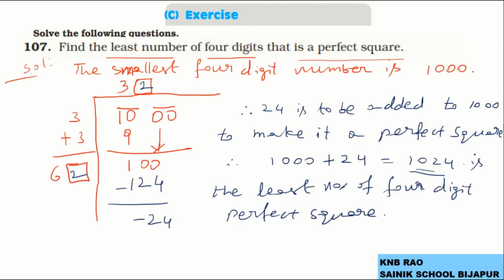See students, here we found the smallest 4 digit number by choosing 2 here and by choosing what is to be added.